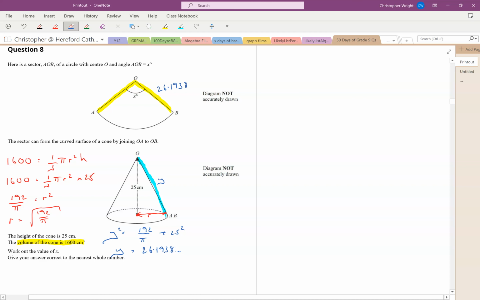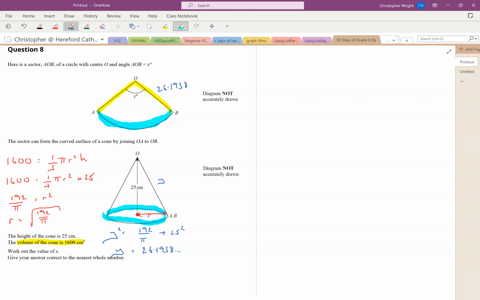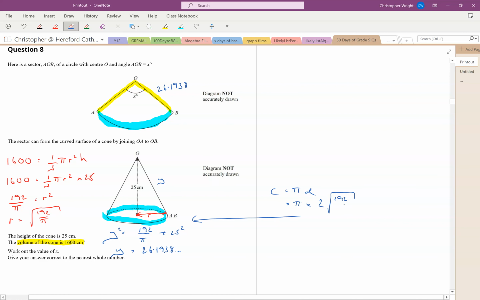That's interesting, because now I can find an expression for this curved part of the circumference. I also know that the length from A to B is the same as this length from A to B on the bottom diagram; it's the same as the circumference of that circle. So let's start with the circumference of that circle. C equals pi d, so the circumference is pi times twice r, so pi times 2 times the square root of 192 over pi.